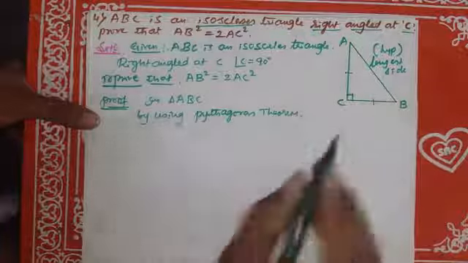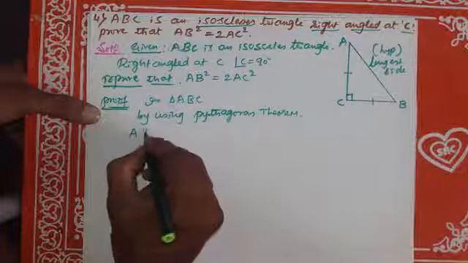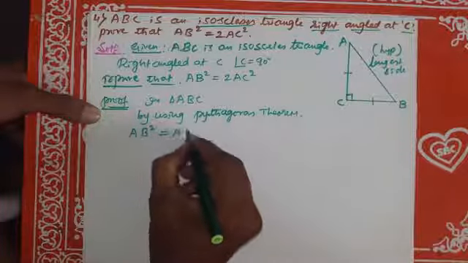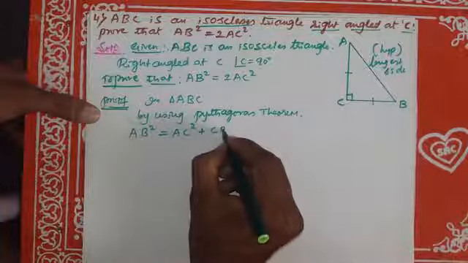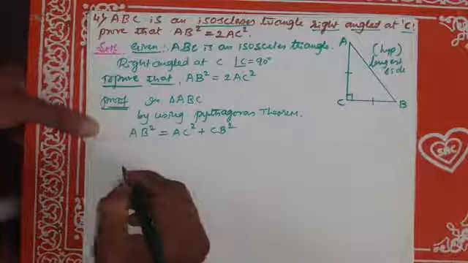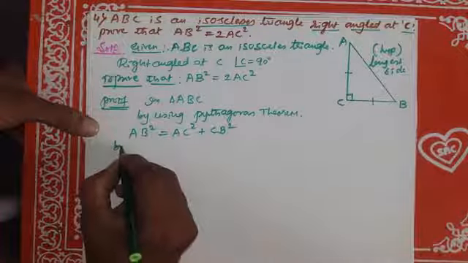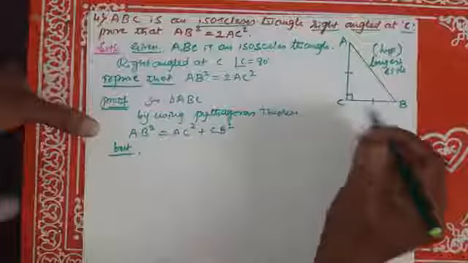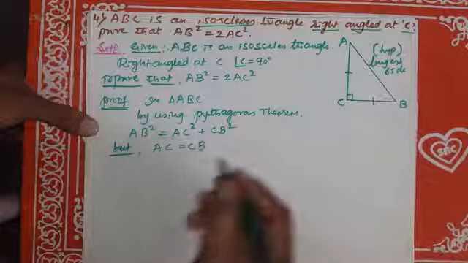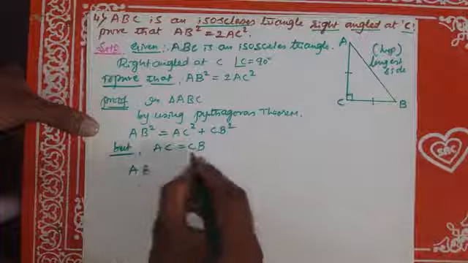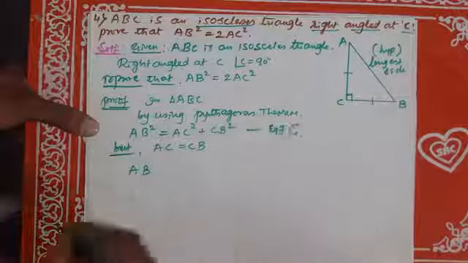By using the Pythagoras theorem, AB square is equal to AC square plus CB square. But AC is equal to CB. Put this value in equation 1.